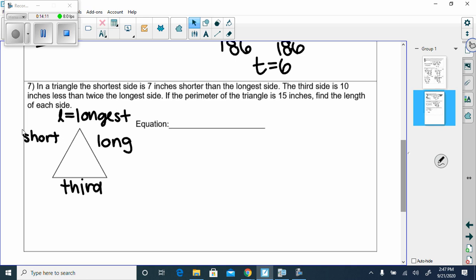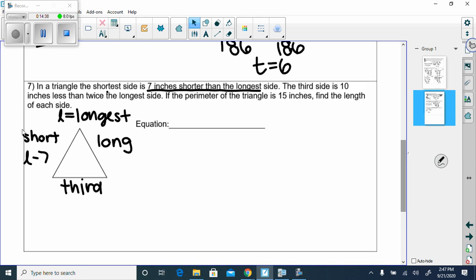It starts with describing the shortest side. So we're talking about this one over here. And it says the shortest side is 7 inches shorter than the longest. Well, shorter would mean I am subtracting. So my longest side minus 7.